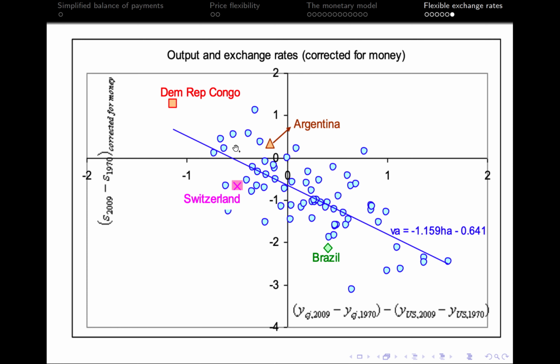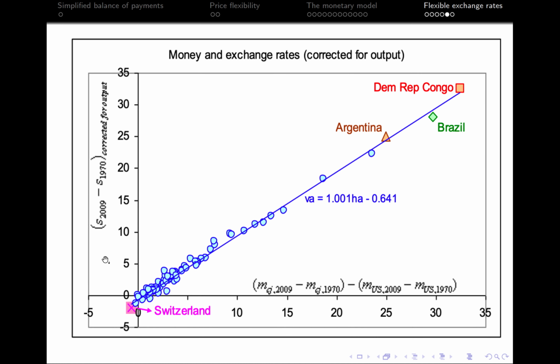But still, I hope you can see from this very simple example that the monetary model works extremely, extremely well in the long run. And especially the differences in money supply growth rates in the long run are translated one for one to changes in exchange rate.